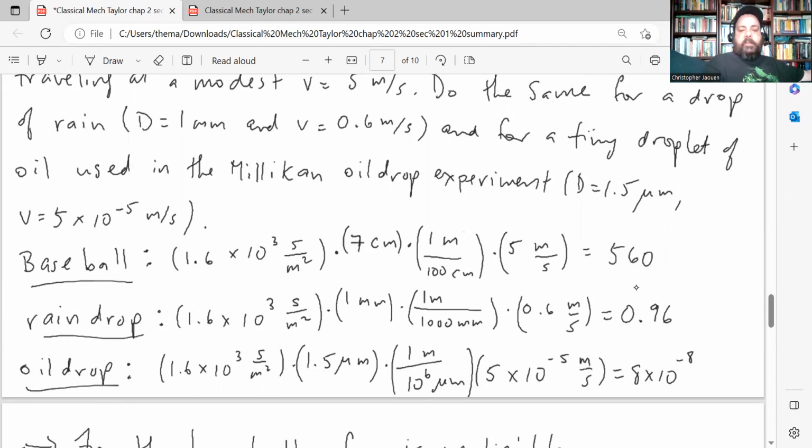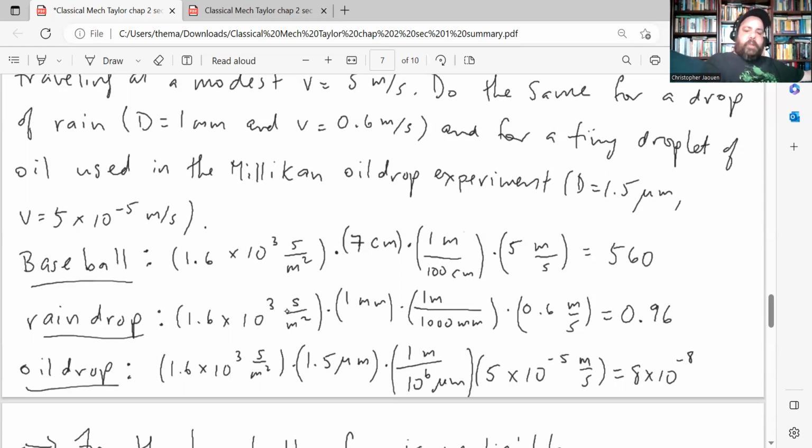When you do that, you get 560. So for the baseball, it looks like the quadratic term is what dominates in this situation. The linear term is completely negligible in this case. If you're modeling this situation, it's probably okay to just ignore the linear drag and focus on the quadratic drag.